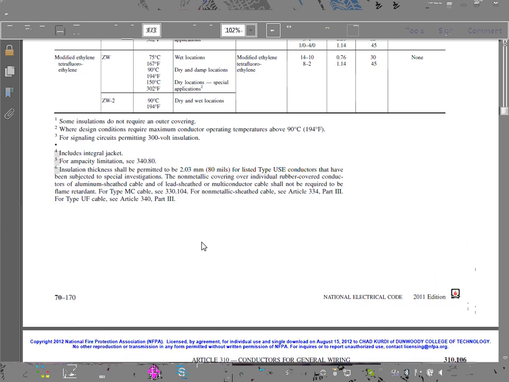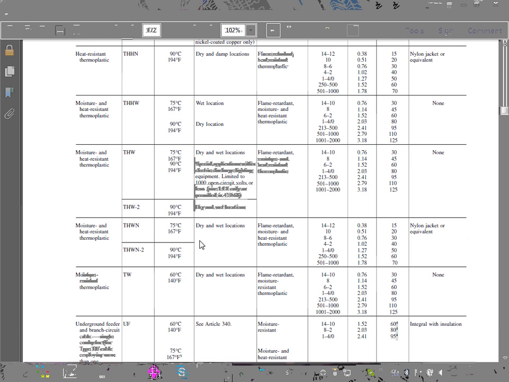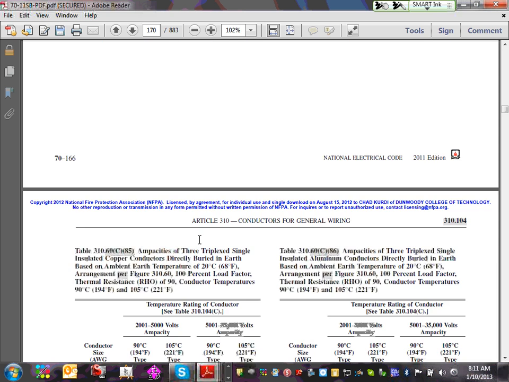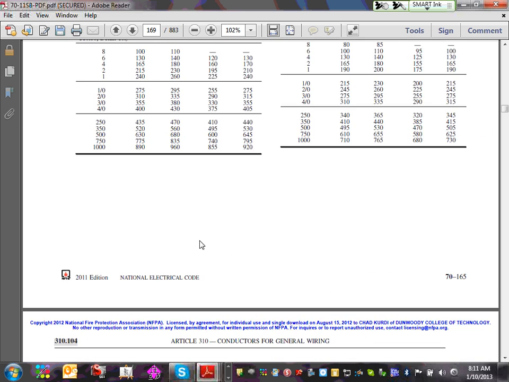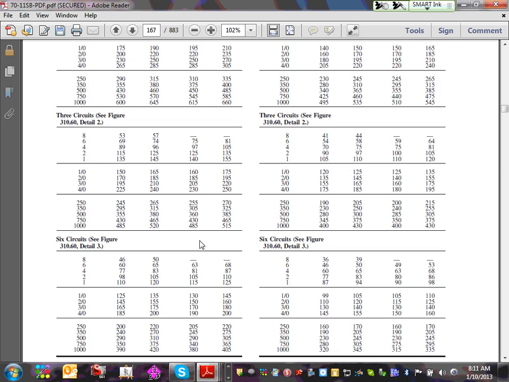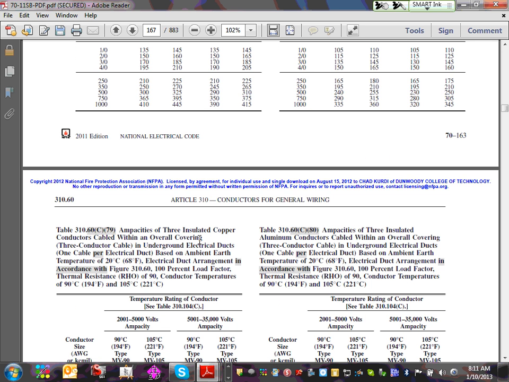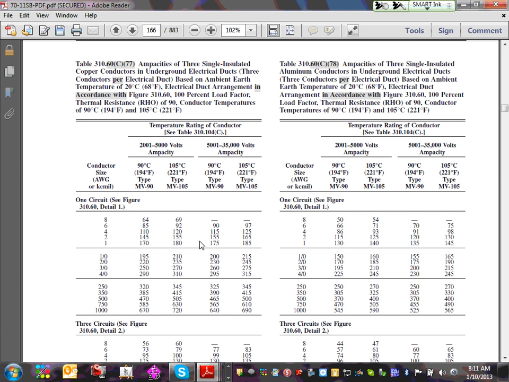Okay, here's the table, 310.77 all the way. Did we say 310.77, right? Okay, here you go, this one.